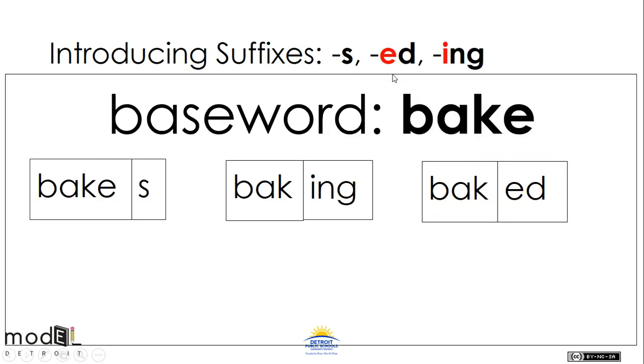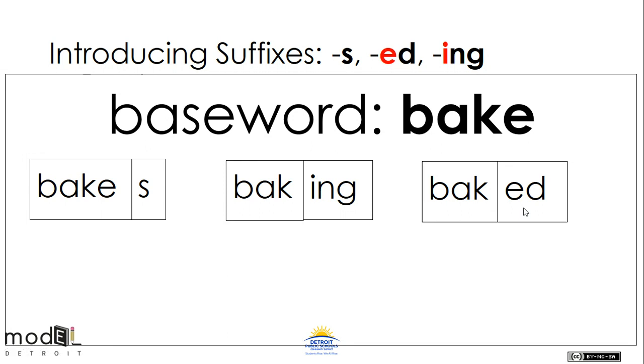Three suffixes have been added to the word bake. The suffix s makes the word bakes. The suffix ing makes the word baking. And the suffix ed makes the word baked.